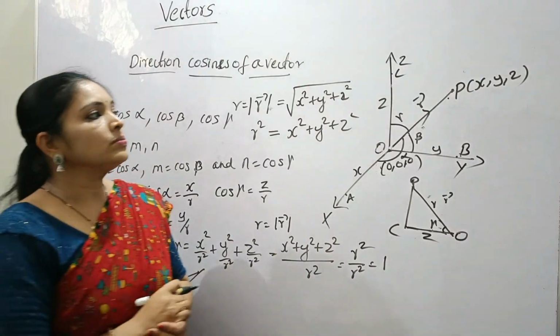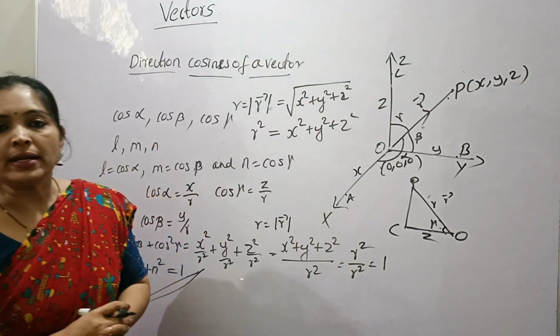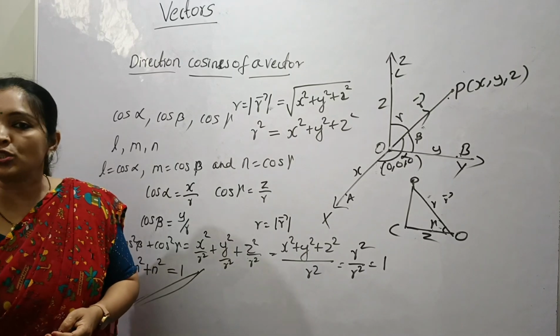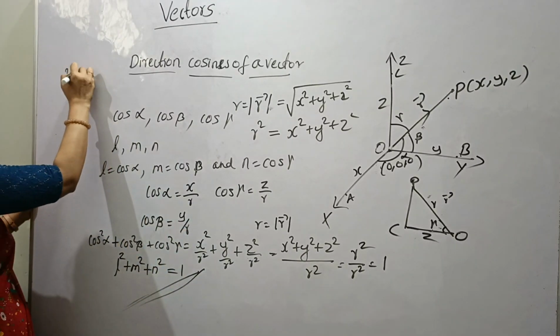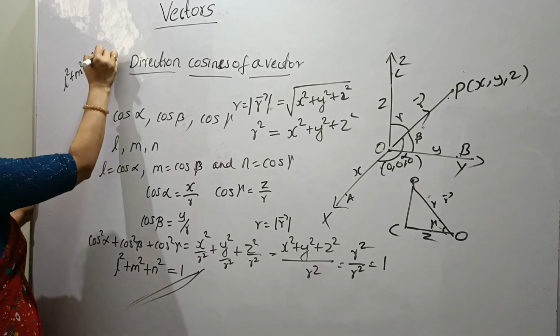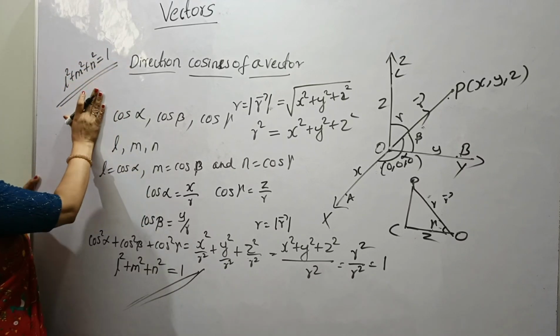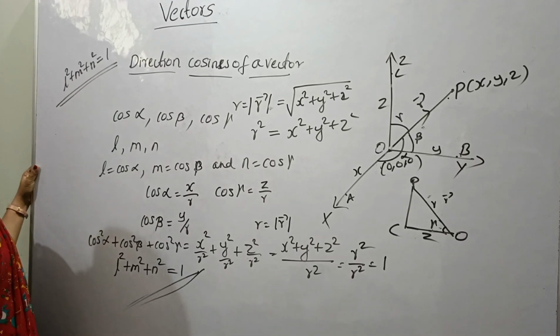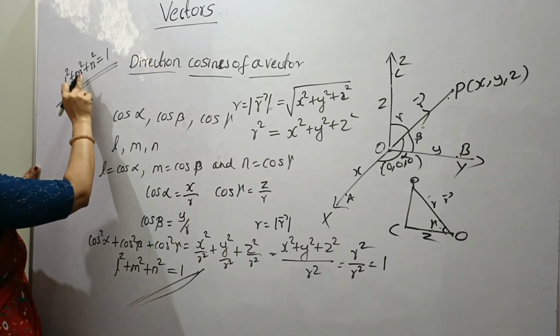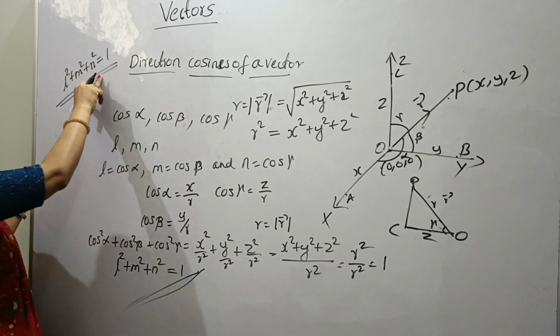So note it down: if l, m, n are the direction cosines of a vector, then l square plus m square plus n square is equal to 1.